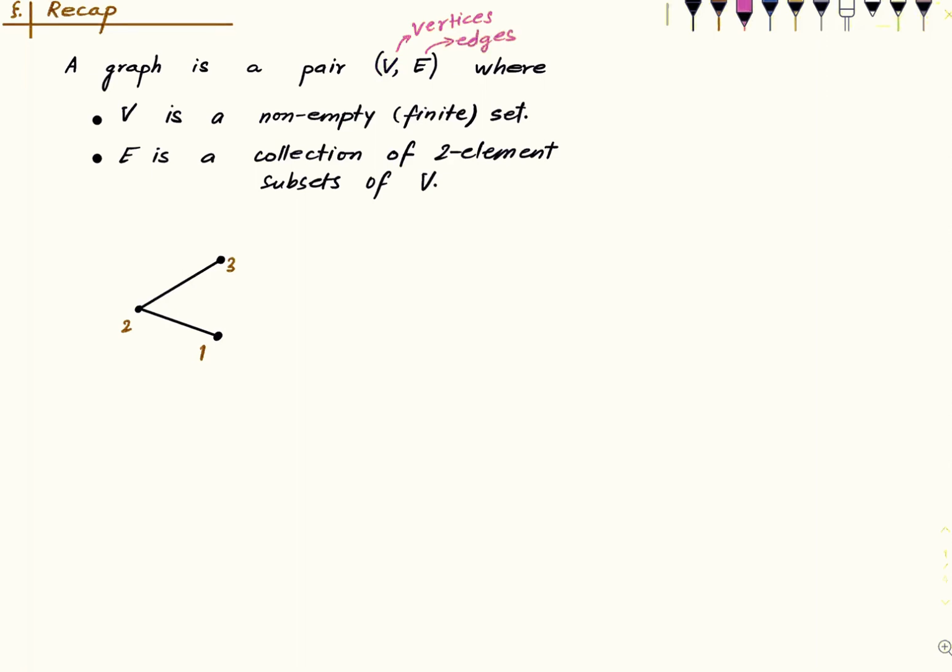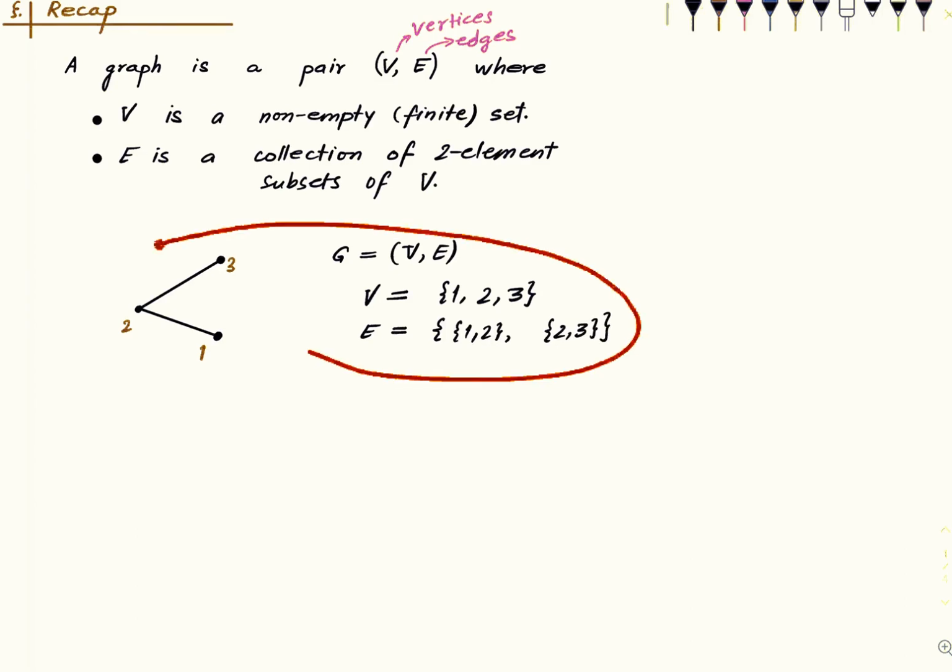And suppose we draw a figure like this. This is trying to suggest the graph, which I'm going to write down, where the vertex set is this three-element set, and the edge set is {1, 2} and {2, 3}. Alright, so I hope so much is clear.